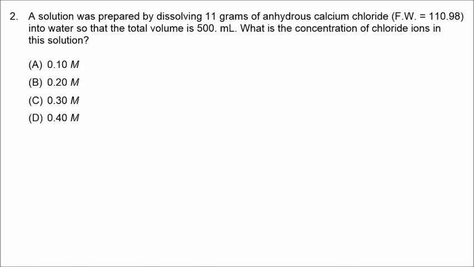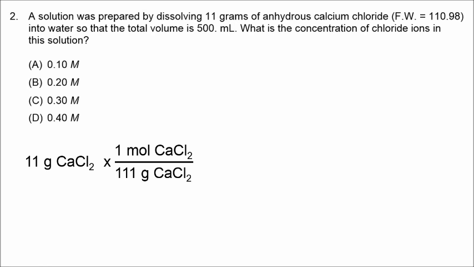In number 2, we're going to convert grams of calcium chloride into moles. The number is fairly easy for us to do here. It's mental math. You can take 11 grams and convert that into moles by dividing by 111. So that means that the number of moles of calcium chloride would be 1/10, or 0.1.